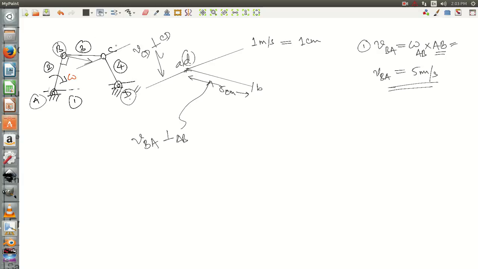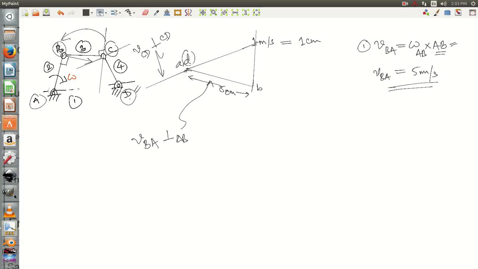Similarly, the velocity of C from the point B, which is on the link 3, will be perpendicular to BC, like this, right? So from point B, draw the perpendicular like that.